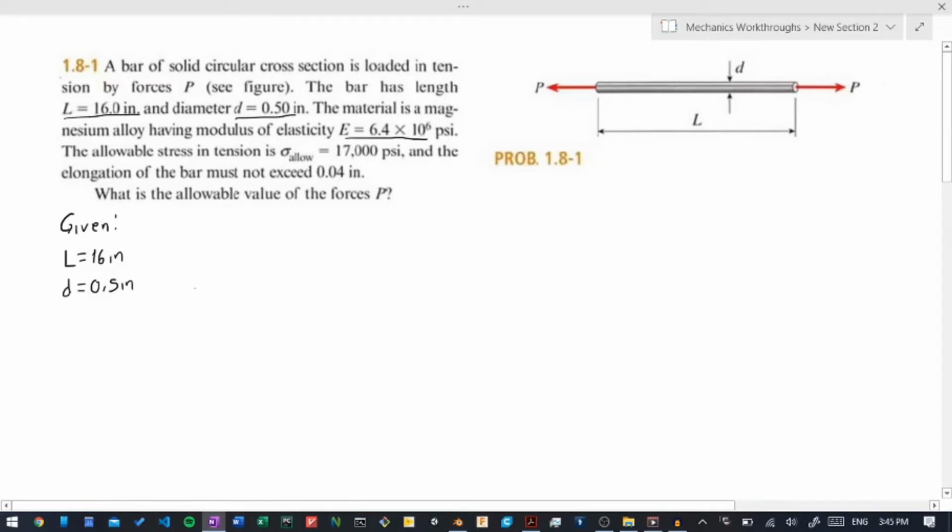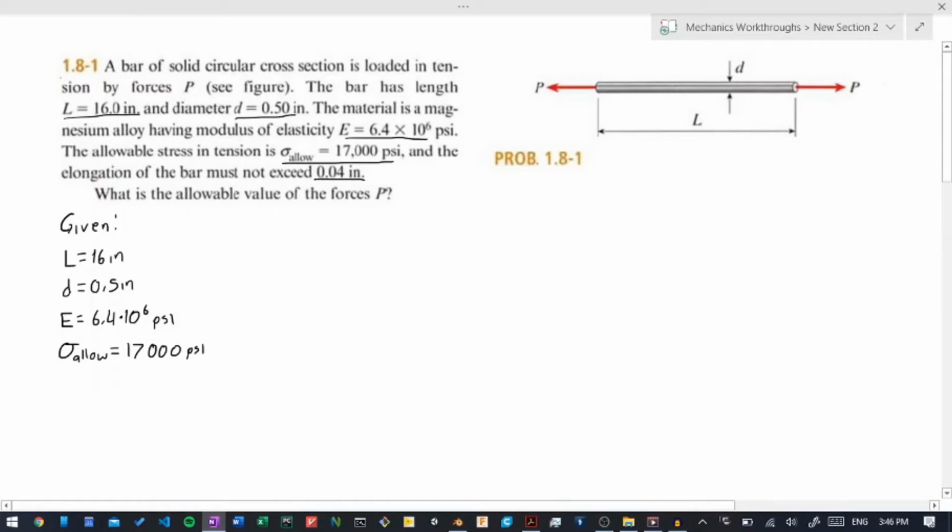And our modulus of elasticity, and our allowable tensile stress. And finally, the elongation of the bar.